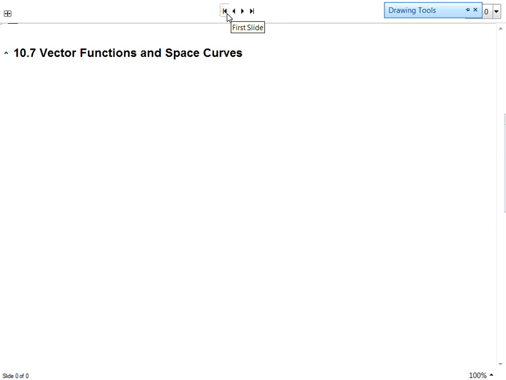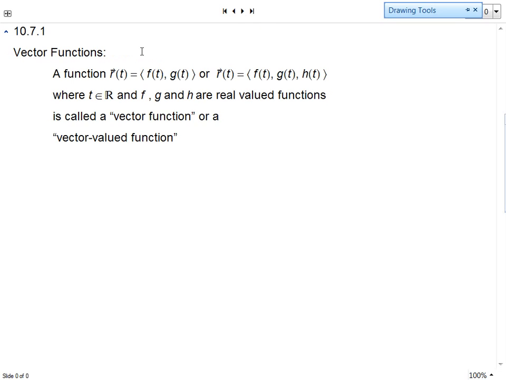We've already talked about a specific type of vector function. It was a line, remember? R of t equals R naught plus t v. Now we're going to talk about vector functions and space curves. A function R of t is defined to be the vector f of t, g of t.